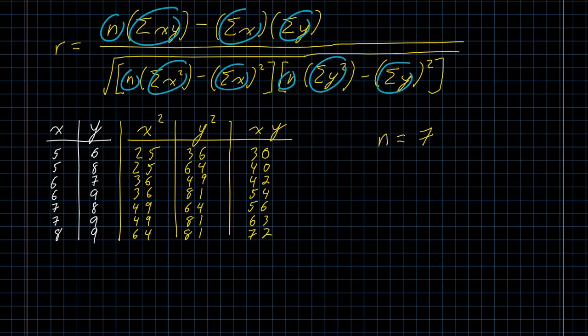All right, but we just square a bunch of numbers, we multiply a bunch of numbers together, and we get this completed table. Then remember that that sigma means add it all together.